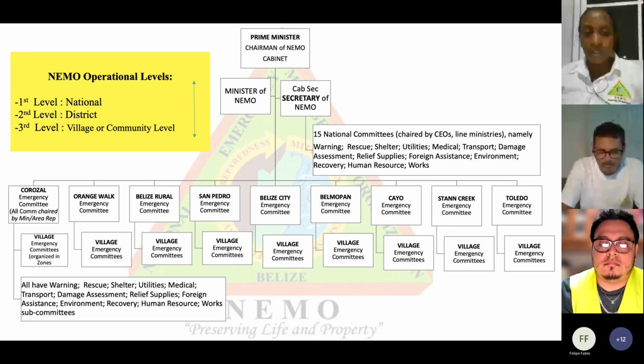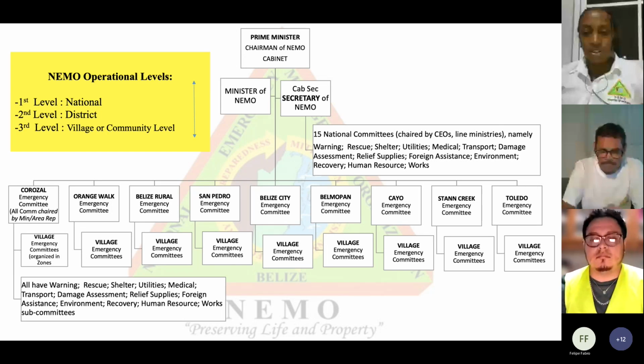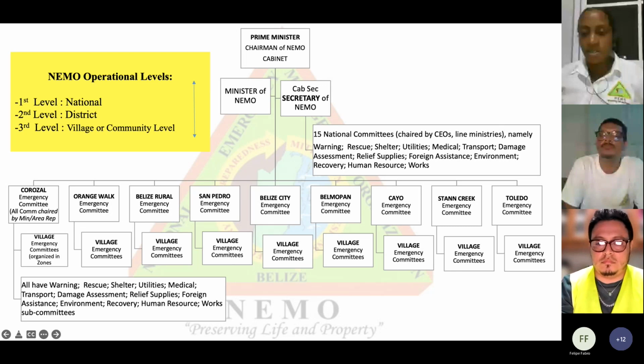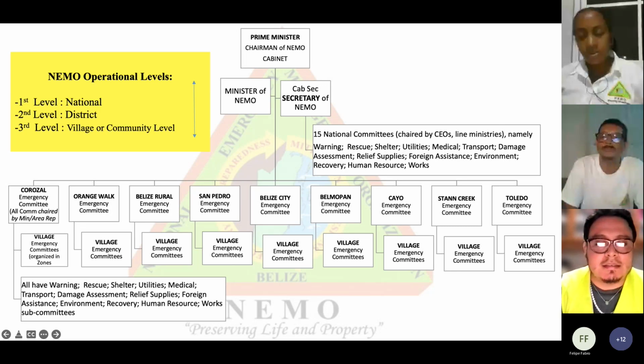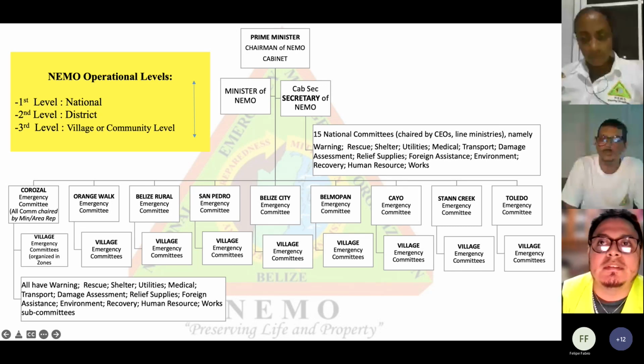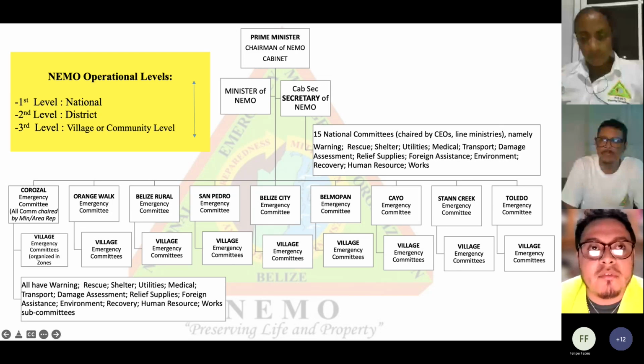And so you fit here into the COROZAL Emergency Committee, which is in the city, right, Ronnie? Your EOC is located where? At the office or somewhere else? At the town council? Our EOC is located not far from Mr. Carter and Miss Wendy, number 24, Custard Apple Streets in Santa Rita, still COROZAL town.